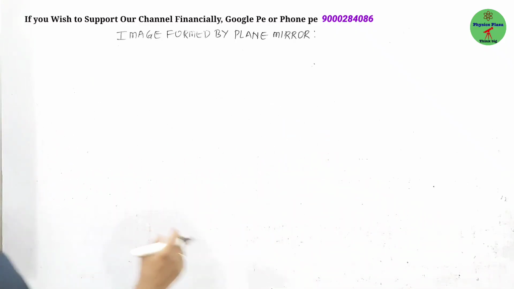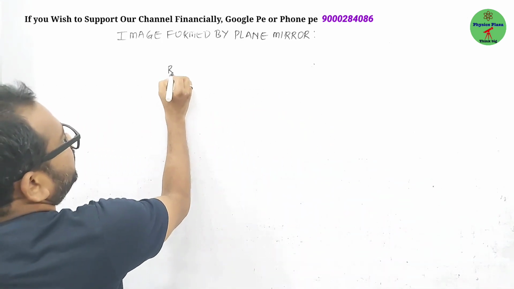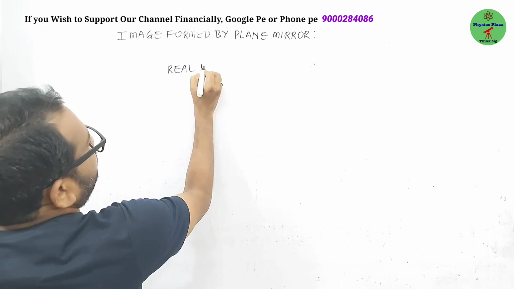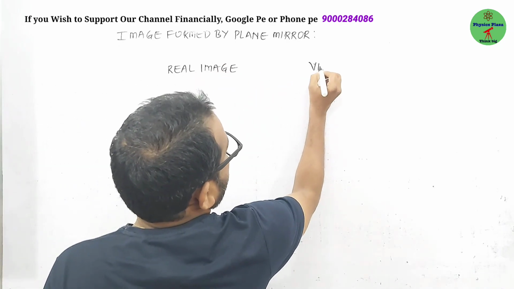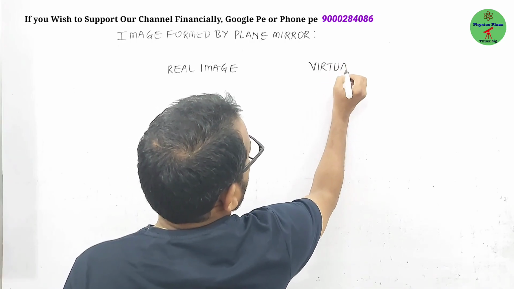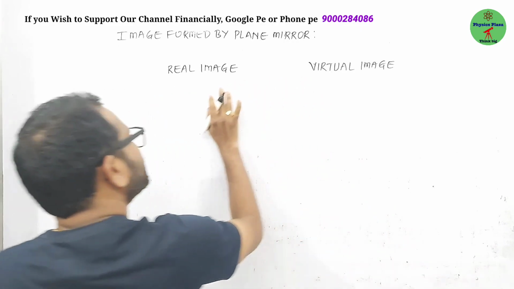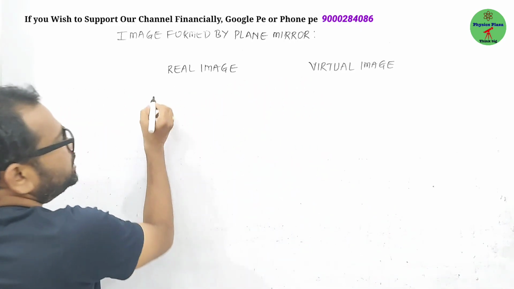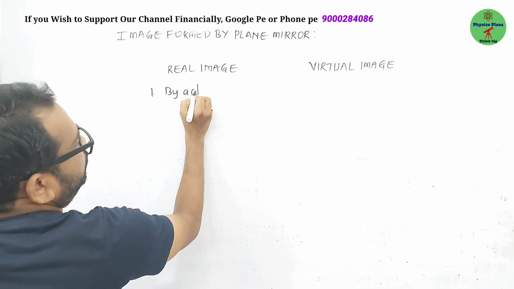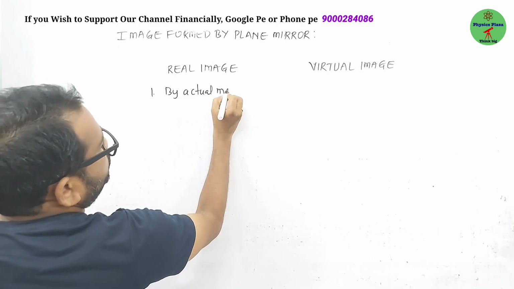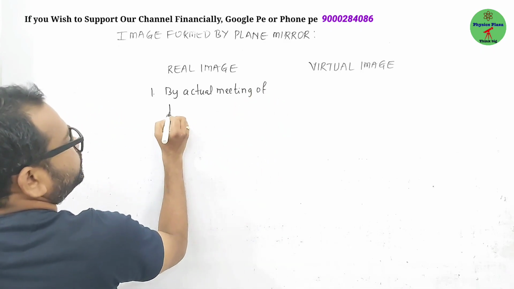Now, the last topic for this session is the difference between real image and virtual image. As I told you, a real image is formed by actual meeting of reflected rays.